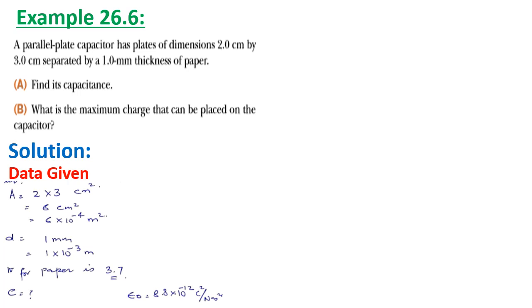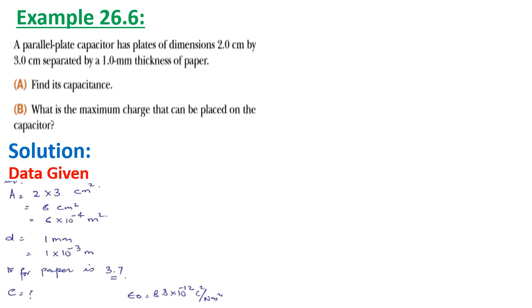D is the distance between the plates, which is 1 millimeter, and you know that milli is 10 to the power minus 3. So 1 into 10 to the power minus 3 meters. Kappa for paper is 3.7.